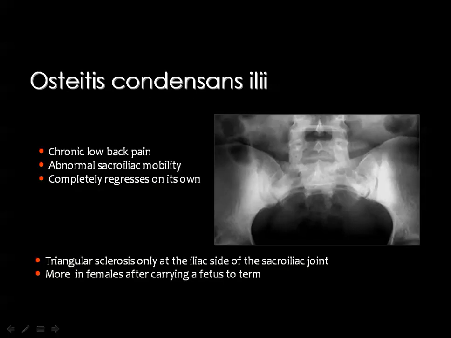You remember this abnormality, which is known as osteitis condensans ilii, where there is bilateral, almost symmetrical bone sclerosis of the iliac side of the sacroiliac joint, and the joint space is maintained.